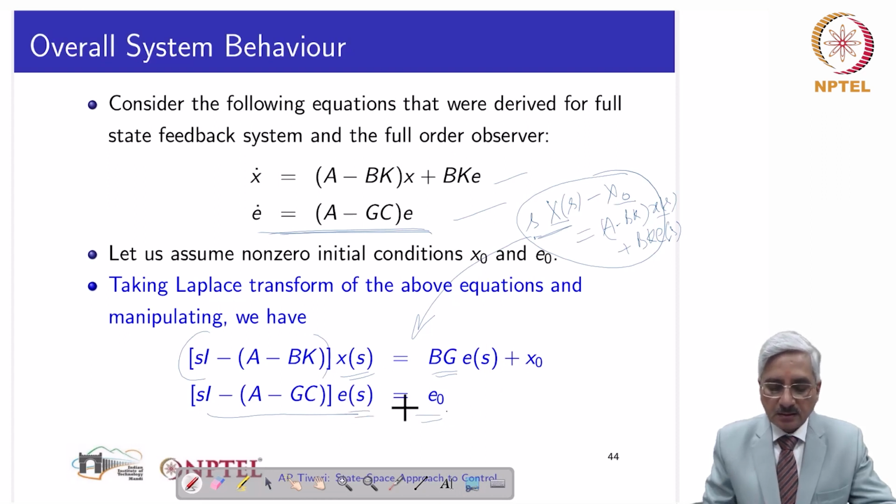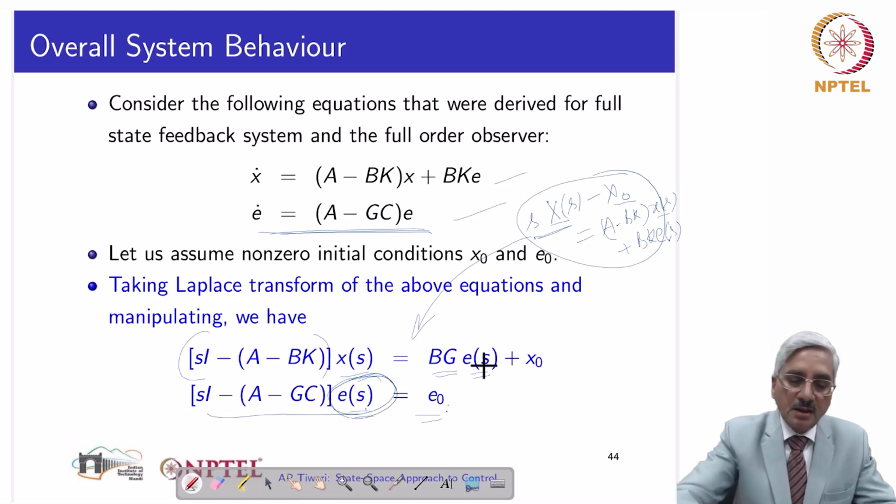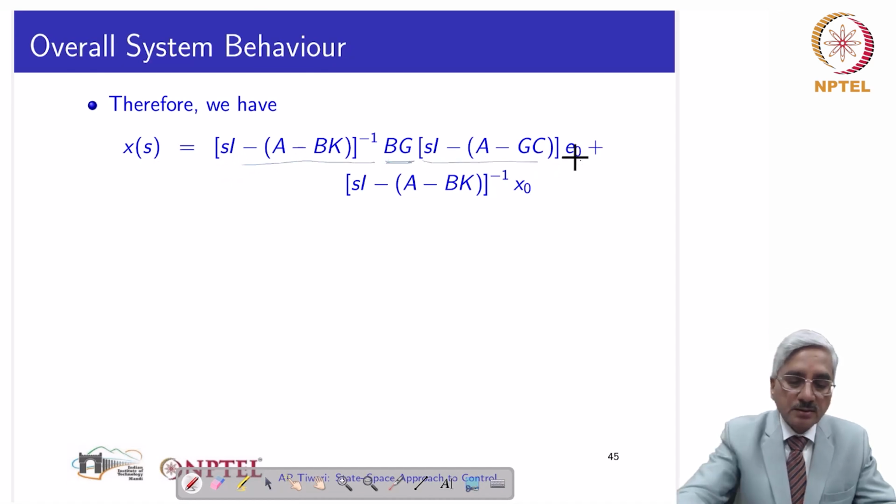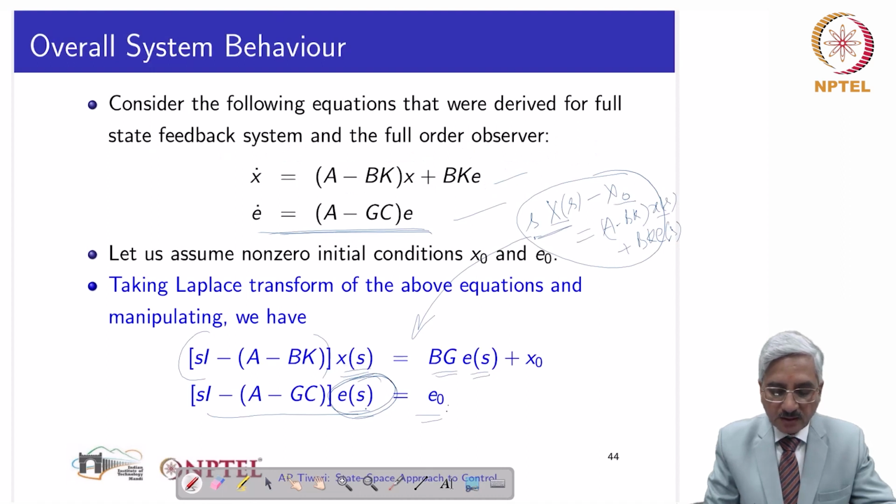We get these things. And now in place of E(s), we obtain E(s) from this and we substitute here. So the first equation gives this. X(s) is (sI minus A plus BK) inverse into BG into this into e0. It comes from here. X(s) is this inverse into BG E(s), and E(s) is this inverse into e0.